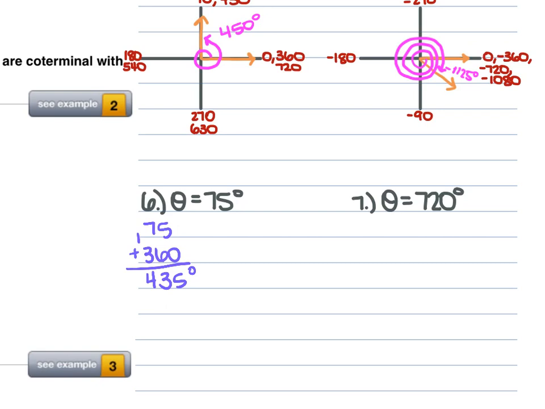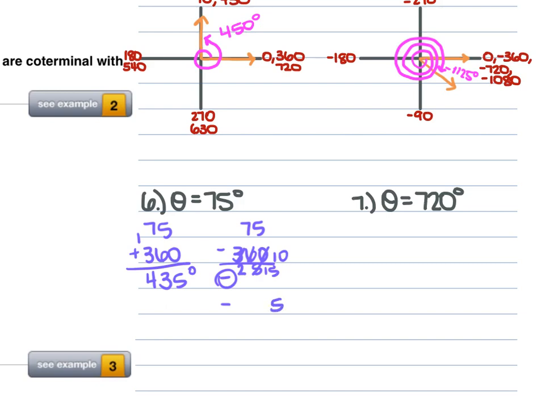For our negative, we're going to have 75 minus 360. So again, this is the same exact thing as saying keep the negative, subtract the 2. So the 0 would become a 10, the 6 would become a 5, the 5 would become a 15, making the 3 a 2. So we're keeping the negative. 10 minus 5 is 5.